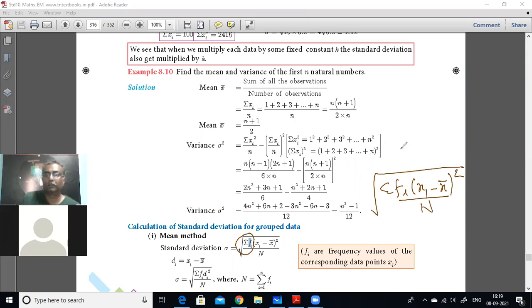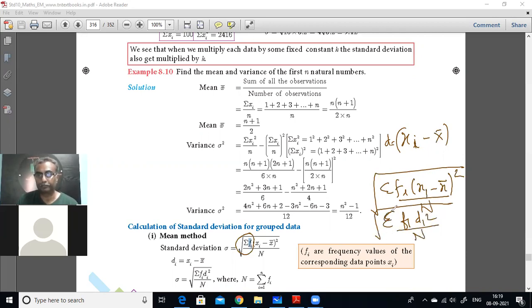So this x of i minus x bar is a deviation, in which case your formula reduces to root of sigma f of i d of i squared by n. That's all. So this is the formula when you use the mean method.